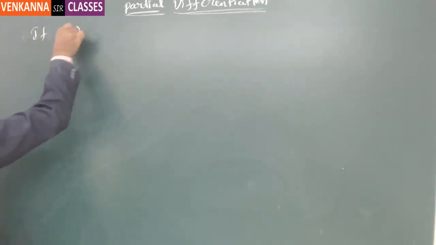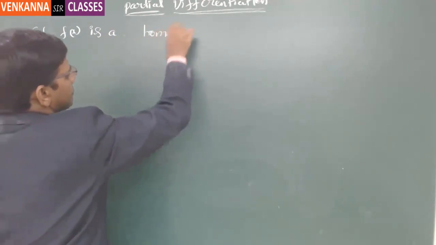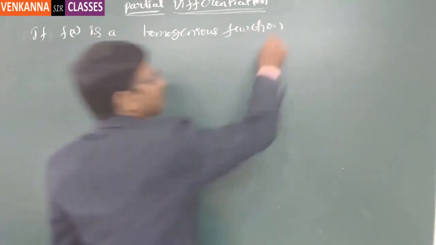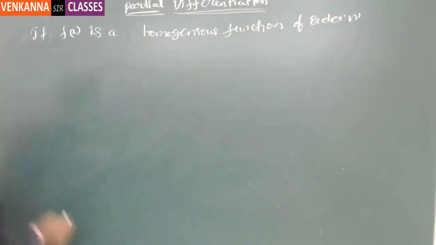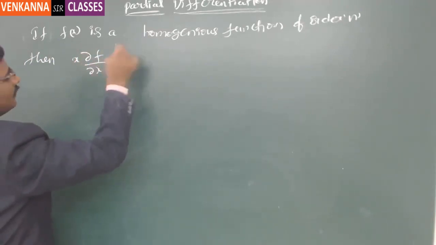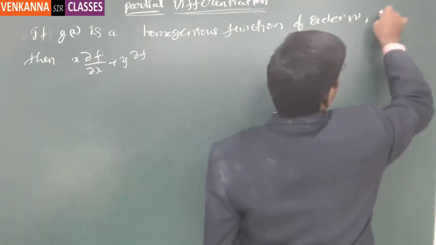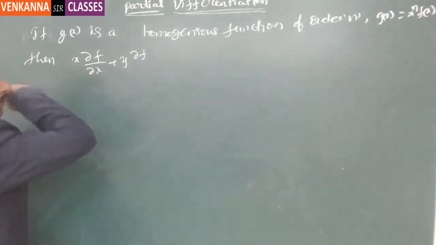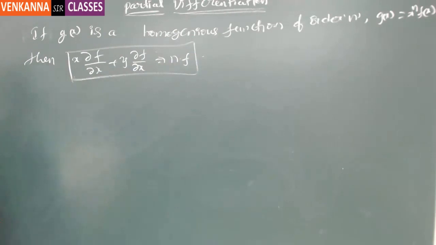If f of x is a homogeneous function of order n, then x into dou f by dou x plus y into dou f by dou y is equal to n times f. So this is the fundamental theorem associated with it.